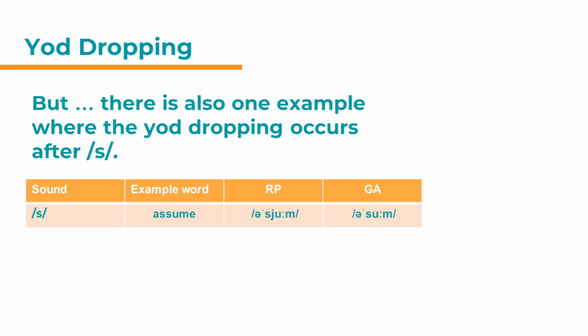There is again another variety for British English with Yod Coalescence. You will hear both being used. I didn't put the Yod Coalescence version on the table. But in General American pronunciation with yod dropping, it would be assume. So the y sound has disappeared again.